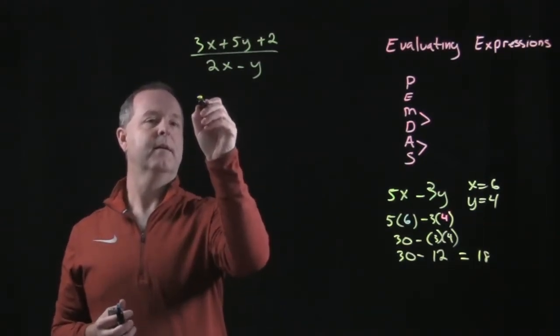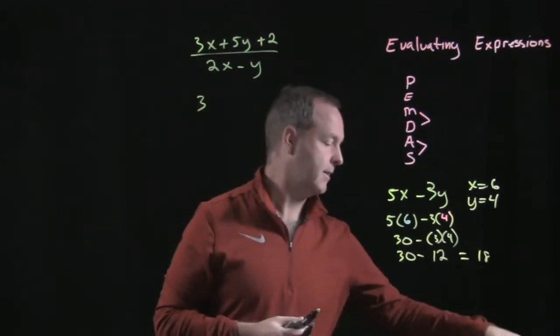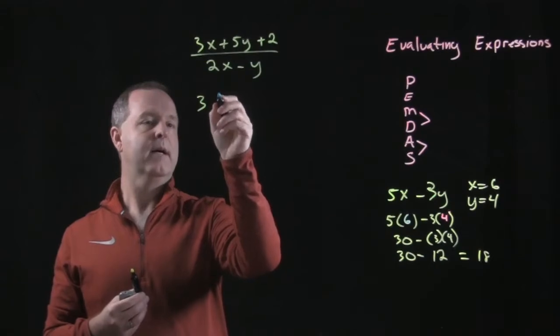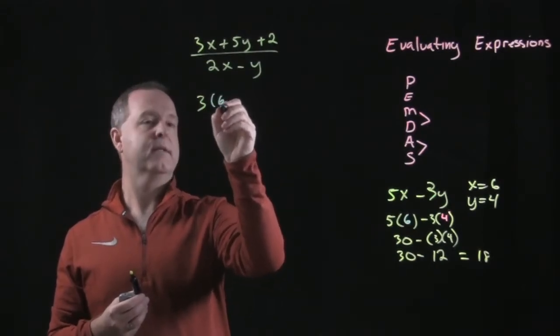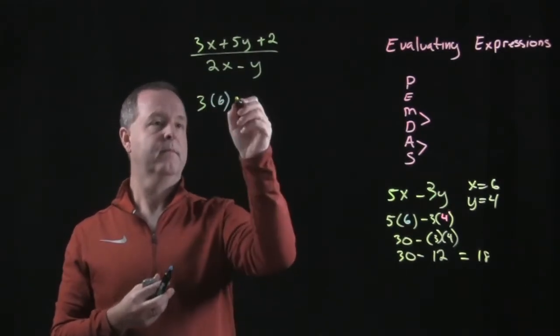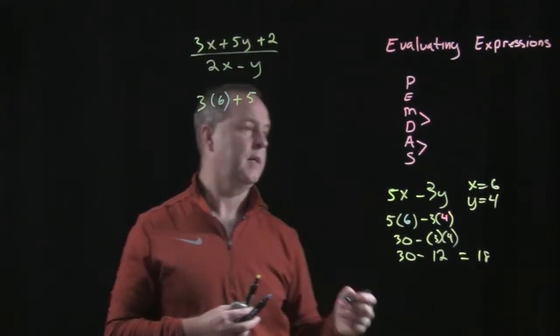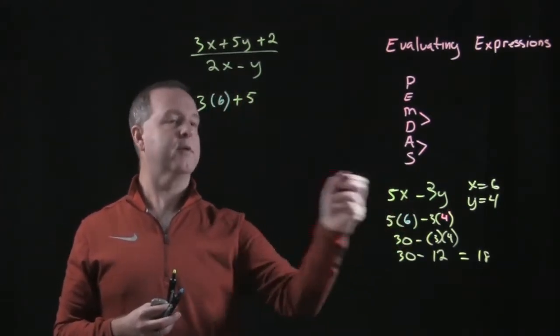All right, so what do we have? We have a 3. We have an x. Let's put that one in parentheses. That's a 6, plus a 5 times a 4. Y was 4.